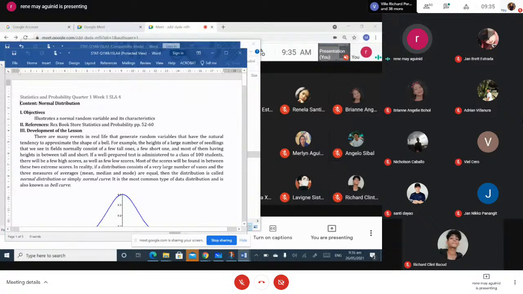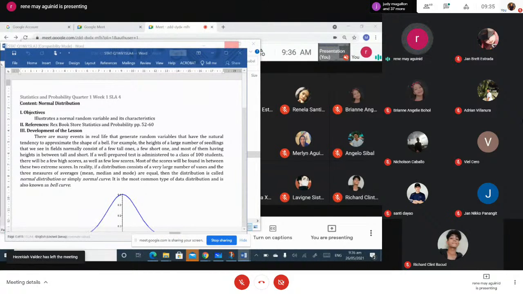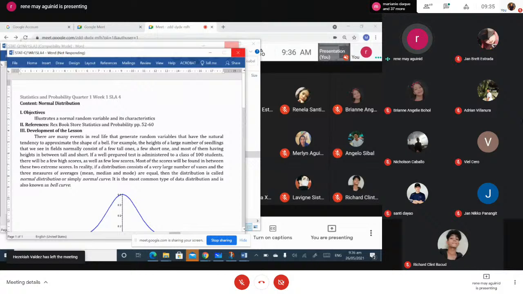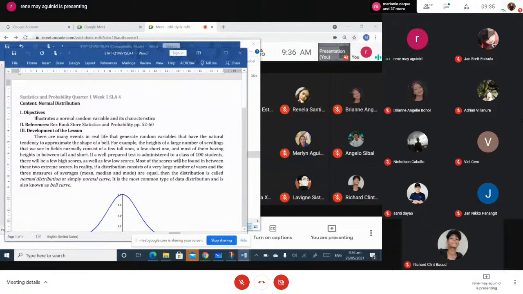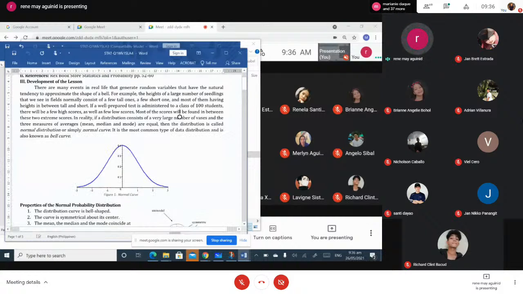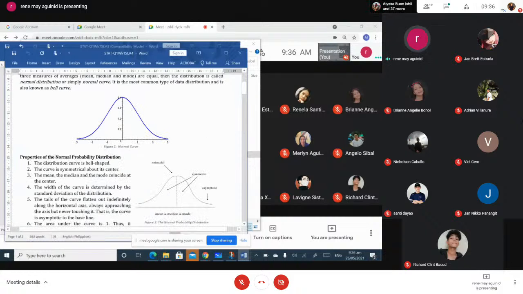Okay, so SLA 4 is on the normal random variable and its characteristics. Here is the normal distribution, and these are the properties of our normal probability distribution. The distribution curve is bell-shaped.